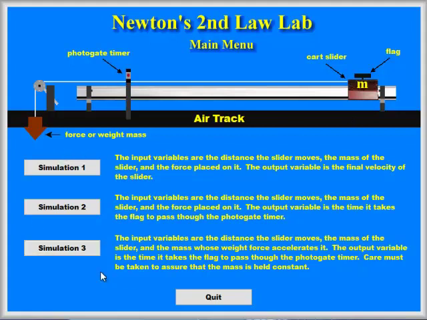Now there are three simulations. You can use one for your lower level classes because the force is a force. It's 5 newtons, 10 newtons, 15 newtons, which of course is not the way it works. You have to put a mass to create the force due to gravity.